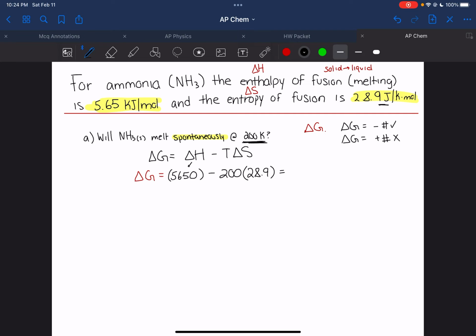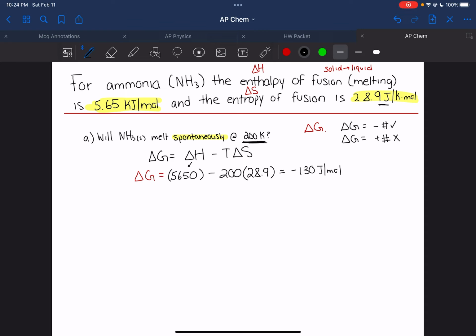That gives us a value of negative 130 joules per mole. Since our delta G is negative, this reaction is spontaneous and it will melt spontaneously.